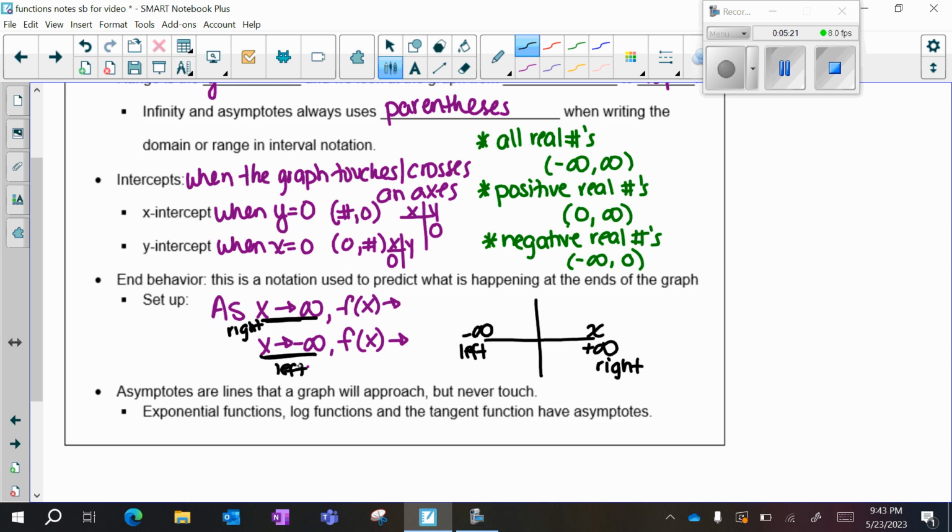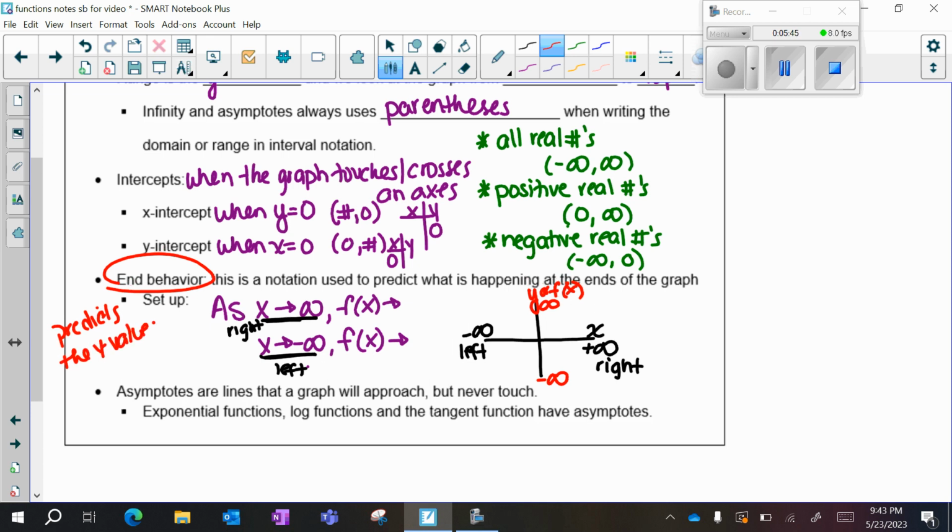And end behavior predicts where your y values go. Remember that this is y, or f of x. So you're going to tell me, does it point up to positive infinity or does it point down to negative infinity? End behavior predicts the y values.